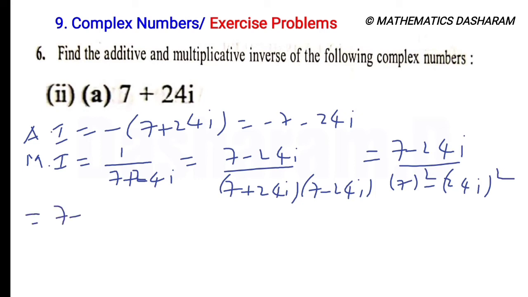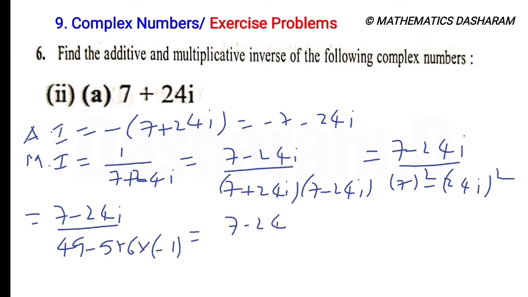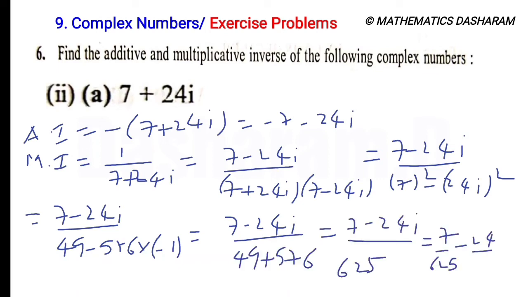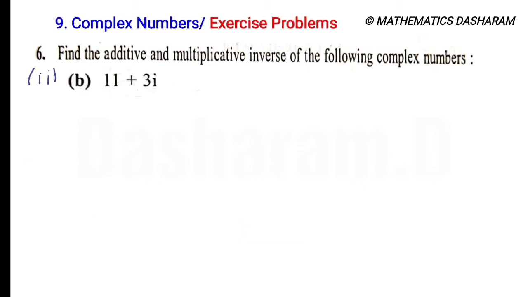So 7 minus 24i by 7 square 49, minus 24 square is 576 into i square is minus 1. So 7 minus 24i divided by 625, so 7 by 625 minus 24 by 625i.